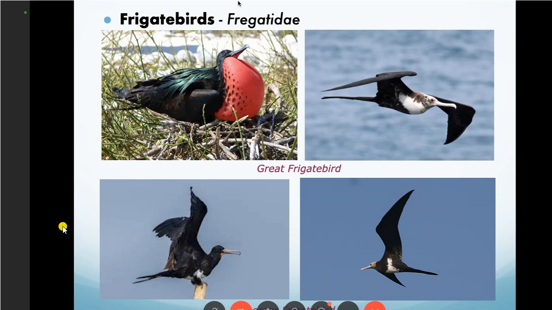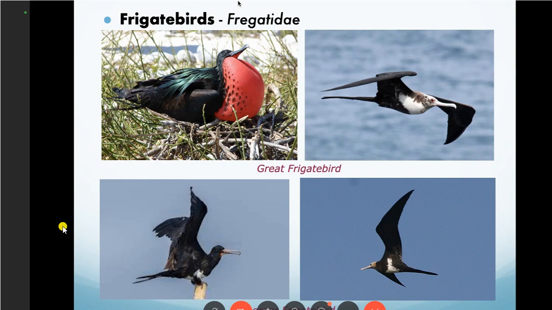Now you'll see that this great frigatebird in the top left corner has actually inflated its red pouch, and that is very interesting because frigatebirds, when they mate, form something called a lek formation, LEK. What that means is a lot of males come together and display.